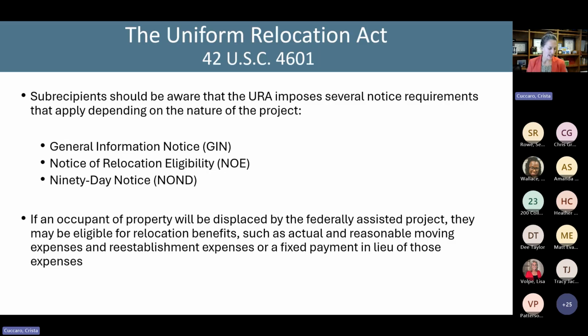It's a little bit more complicated than that, depending on the nature of the circumstances and what other notices they may have been given and whether there's comparable housing available. I'm not going to get into all of those details. The big takeaway that I want you to understand here is that there are different notices that you have to give along the way depending on how properties and occupants of the property are being treated.